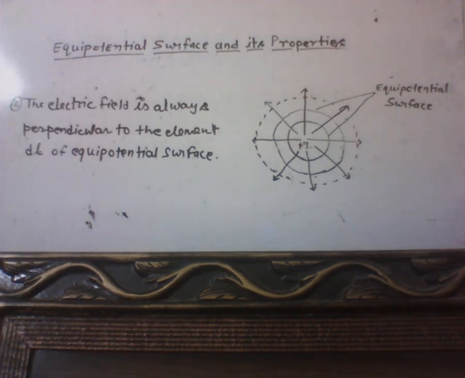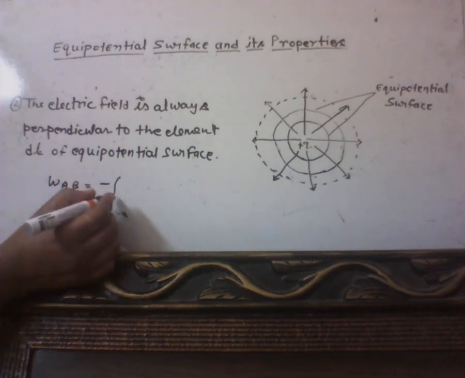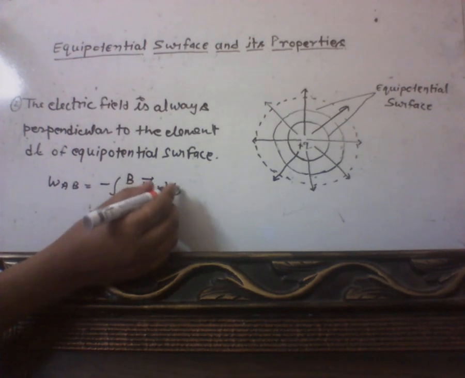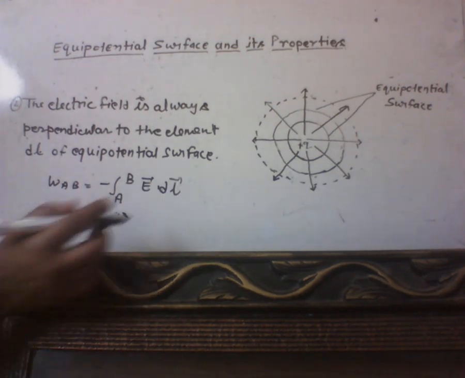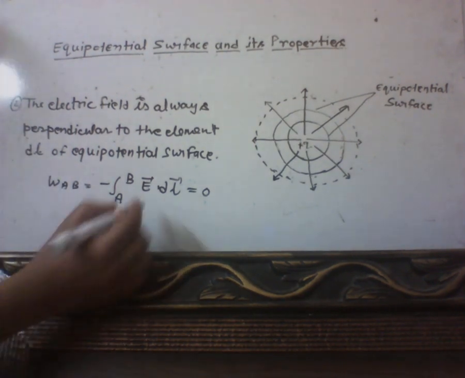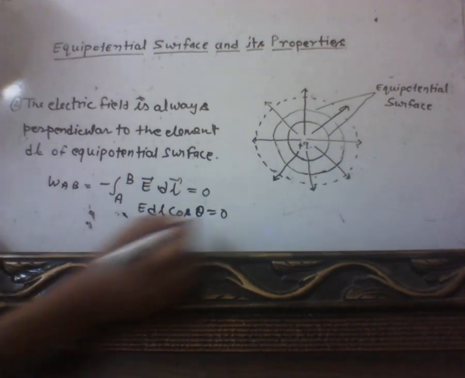Now coming to the second property: the electric field is always perpendicular to the element dl of an equipotential surface. As we know, no work is done on an equipotential surface, so W equals minus integration a to b E dot dl is equal to 0, meaning E dl cos theta is equal to 0.